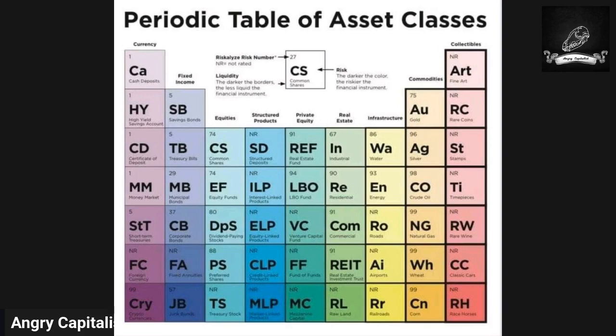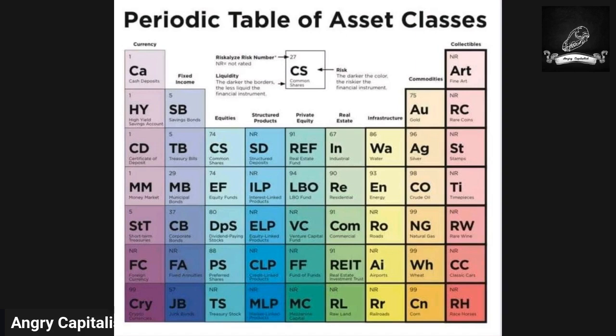You then have the border of the different assets within this chart, and the darker the border is, the less liquid the financial instrument is, or the less liquid the asset is. When I say liquid, I mean transferable or convertible into a currency. We then also have risk, and the darker the color, the riskier the financial instrument is.